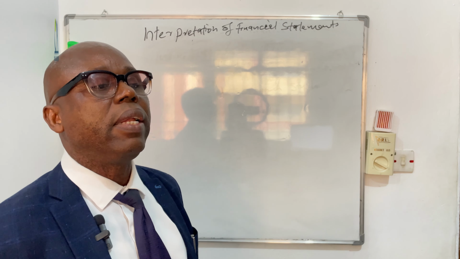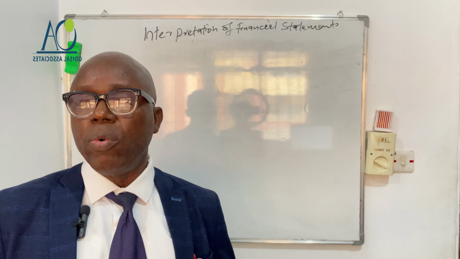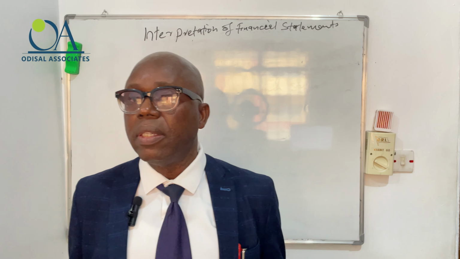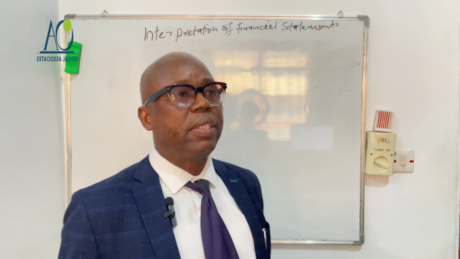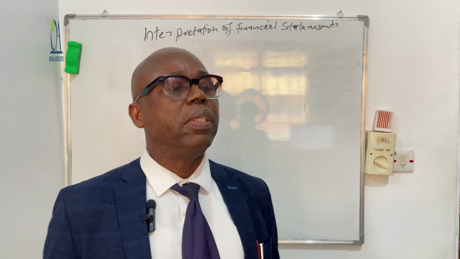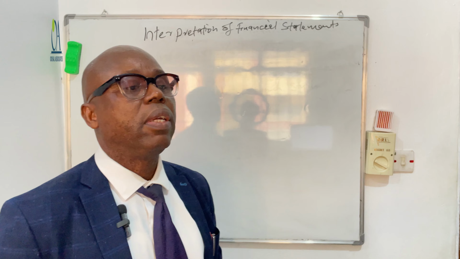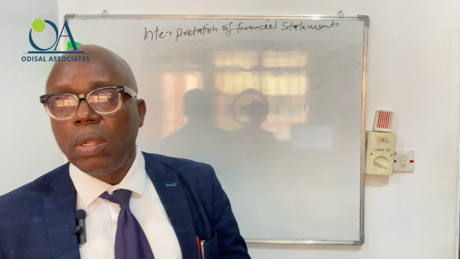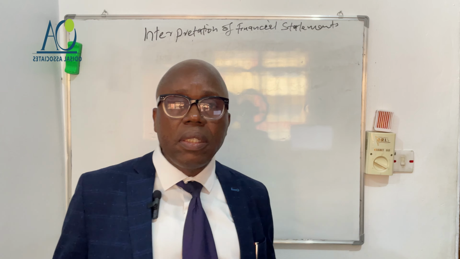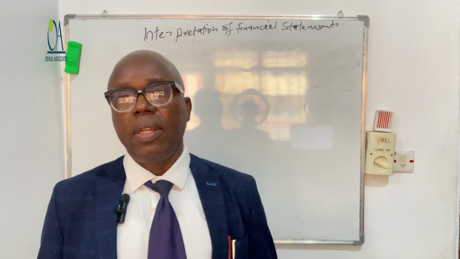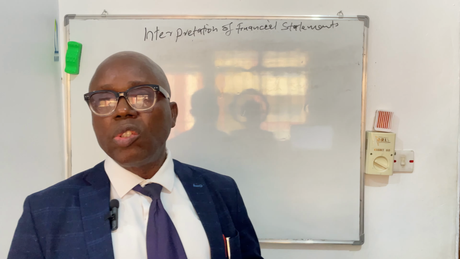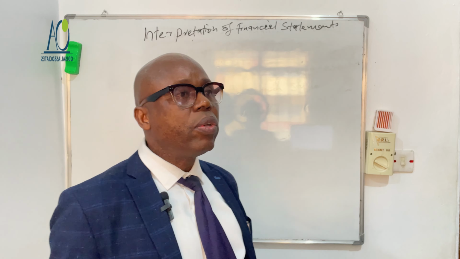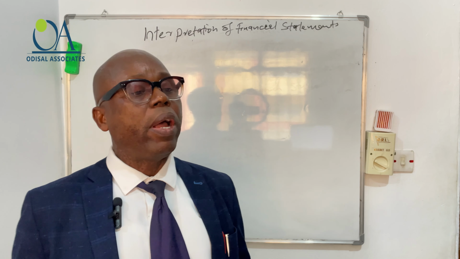We also learned that there are factors that we consider when analyzing ratios, such as consistency and comparability. These are very, very important. And we talked about the way ratios are expressed. We say ratio can be expressed in percentages, in time, in proportion, and per share or per unit.